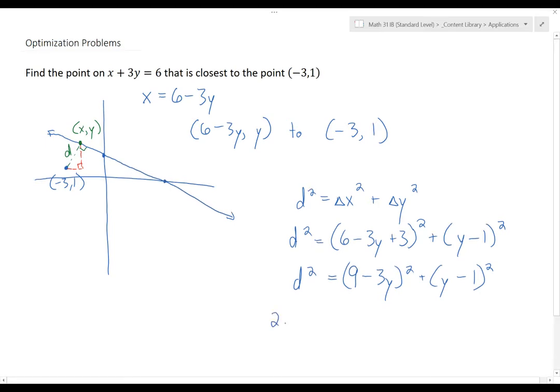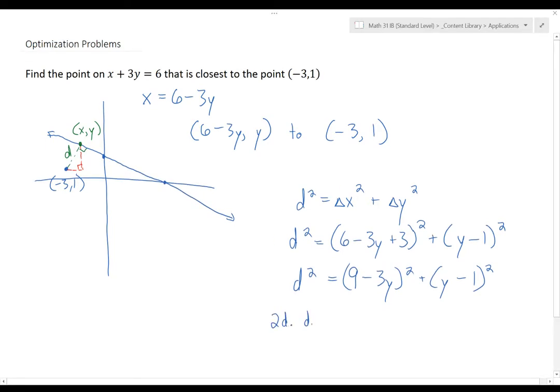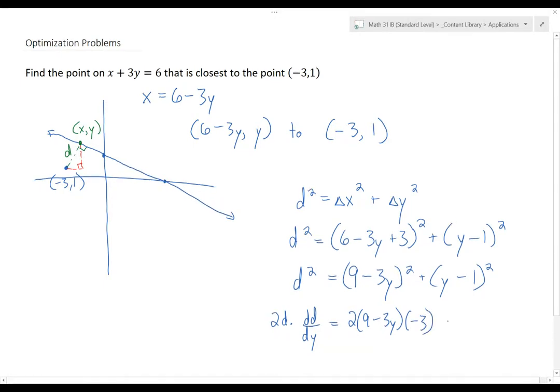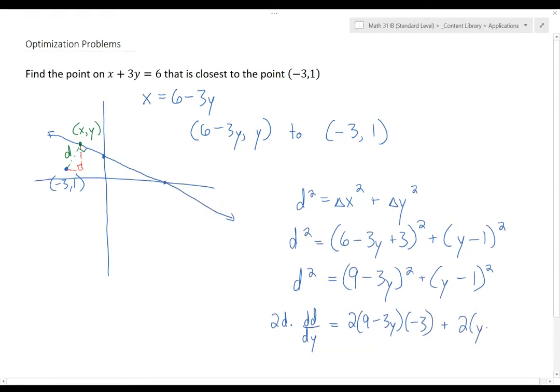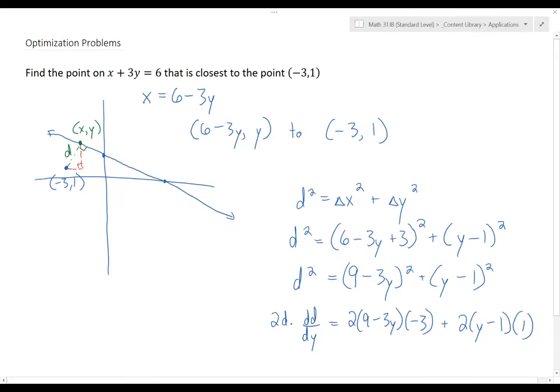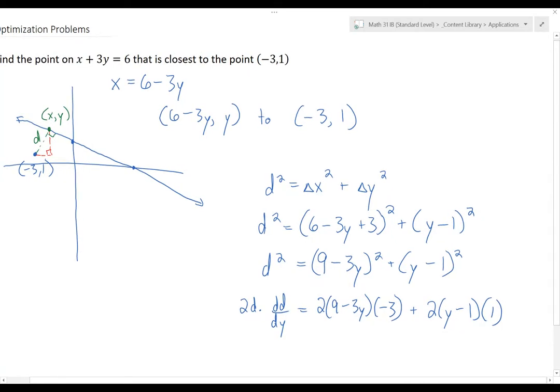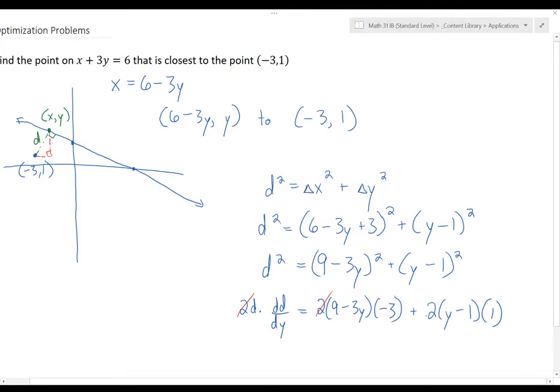I get 2d times dd/dy equals 2 times (9 minus 3y) times -3 plus 2 times (y minus 1) times 1. So just the chain rule there. And each of these is times dy/dy, so I don't need to worry about it. Handily, all these 2's are now going to just cancel out.